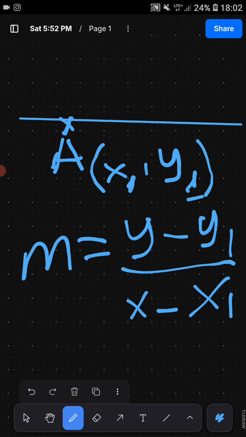Let's see how we can use this point and this gradient, the slope of the line, to get the equation of the line.